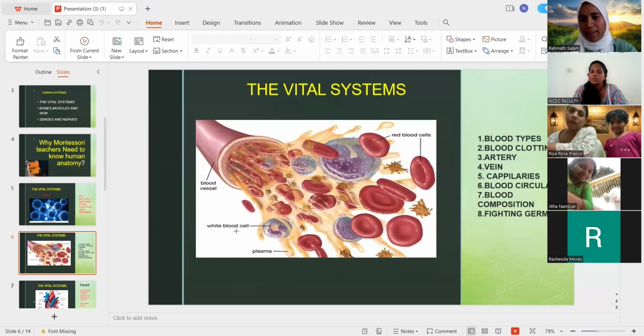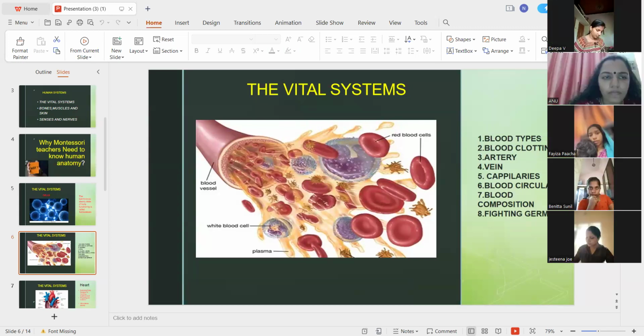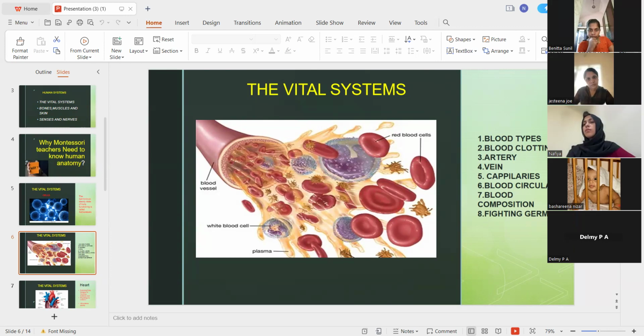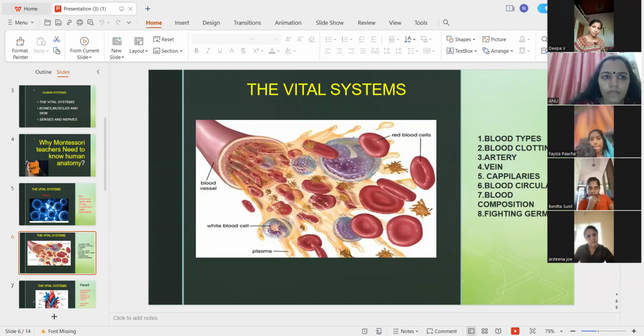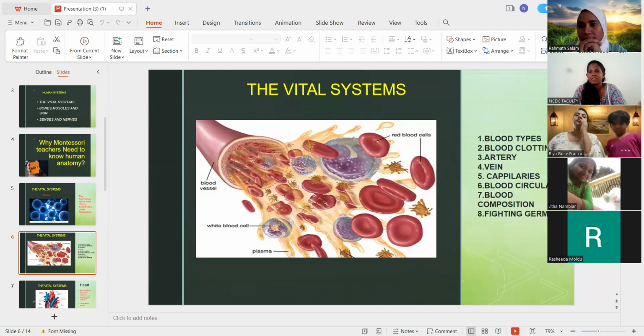And next one is white blood cells. White blood cells are the police force of our blood components. If any organism comes inside our body, the white blood cells take action and fight against it. When there is a fight, our body regulation changes.